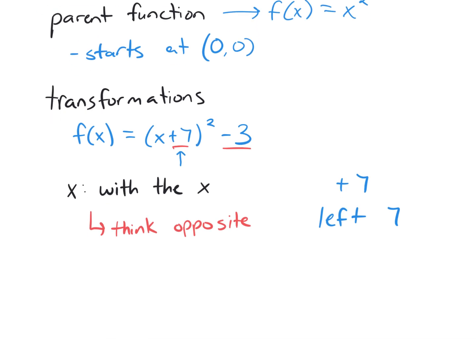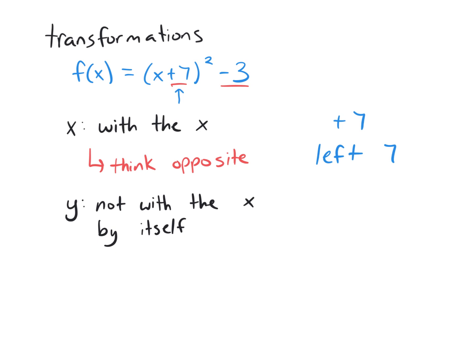And then talking about the y's, how do you know which one the y is? It's by itself. It's not with the x. With the y's, how do we think? Think normal.